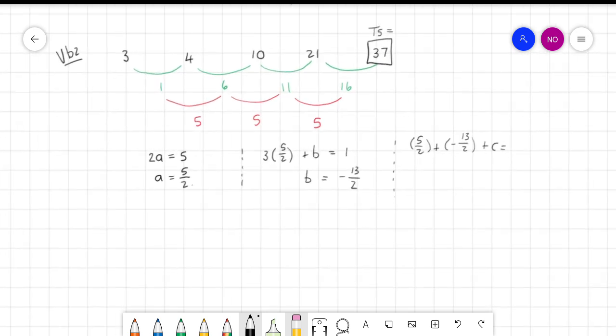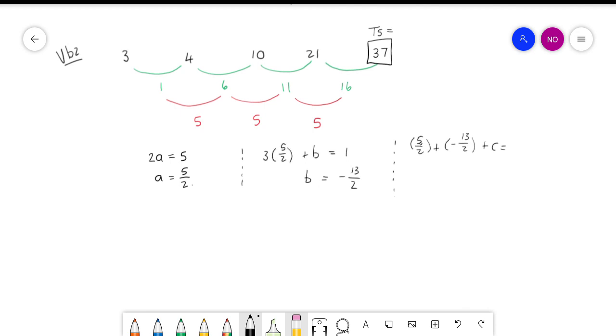Is equal to? Good. Did you guys get 7 here?